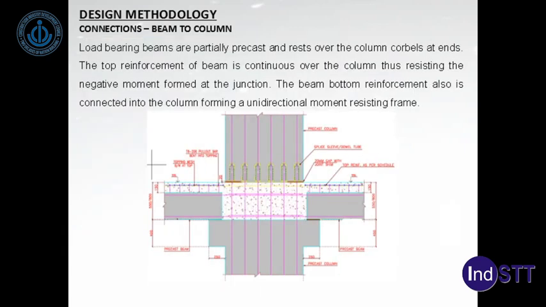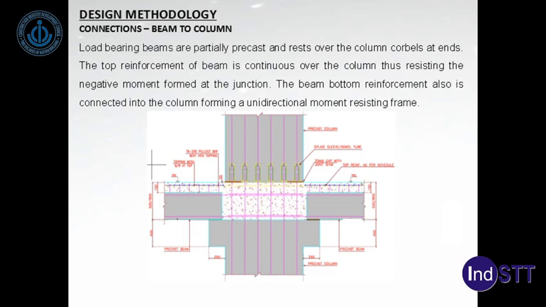Next connection is a beam to column connection, also a very important connection, and this connection is designed as a moment resistant connection. So the load bearing beams are partially precast and they rest over the column corbels at ends. The top reinforcement of the beam is continuous over the column and thus resisting negative moment formed at the junction.